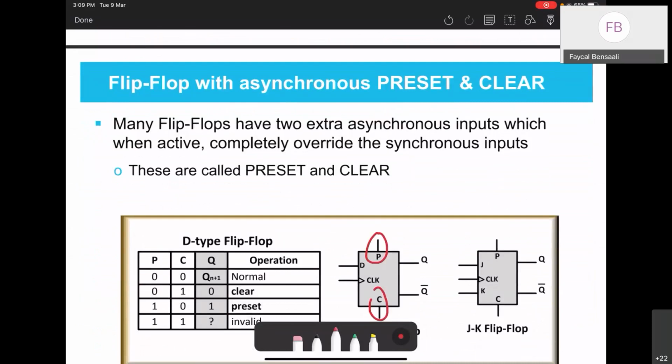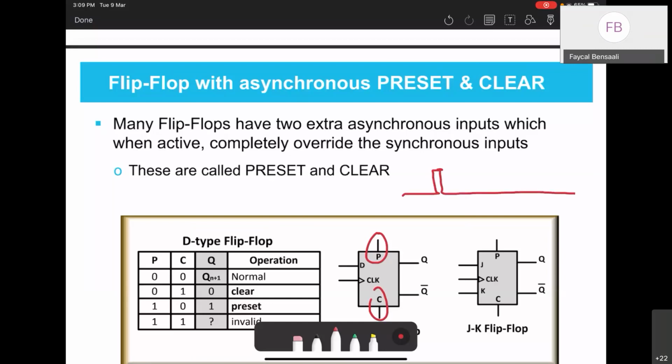Usually when you power up a system, or a sequential circuit which includes flip-flops, the first thing that will happen is a reset. So those signals, you just do a quick one here.